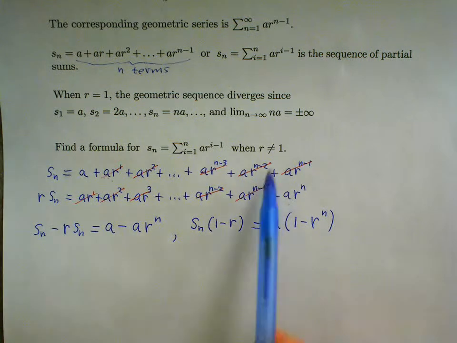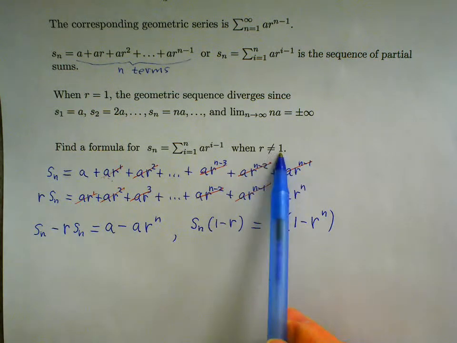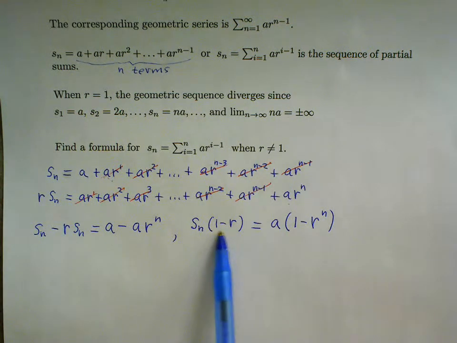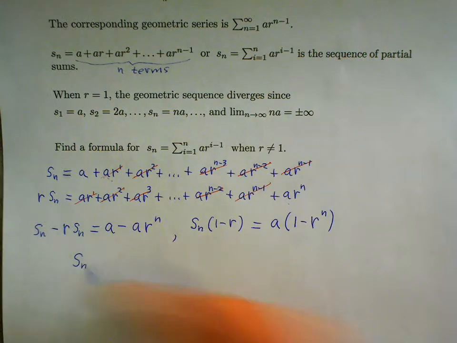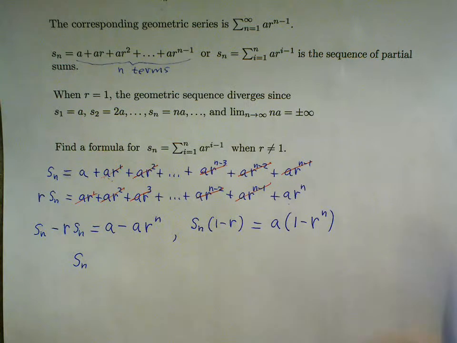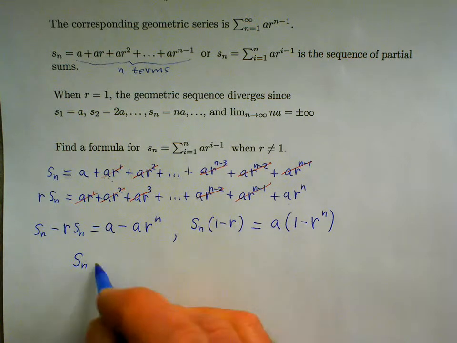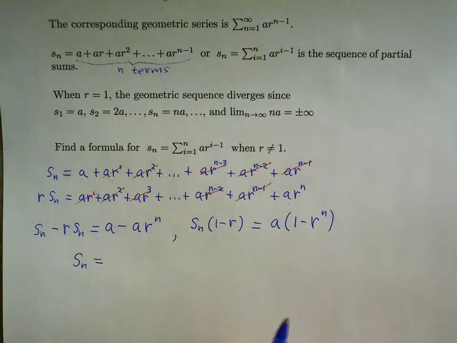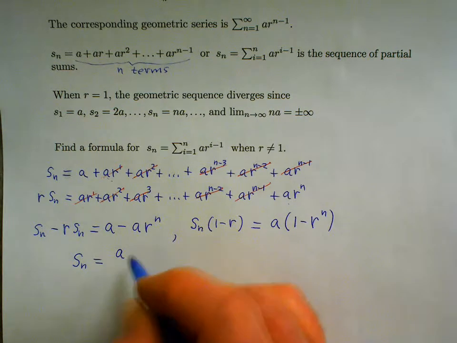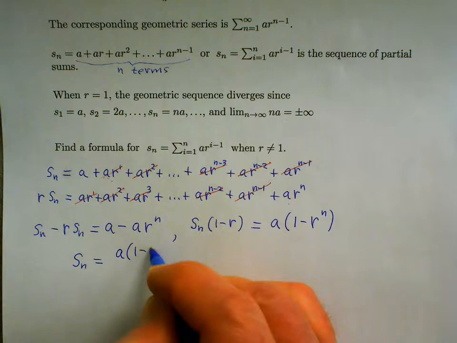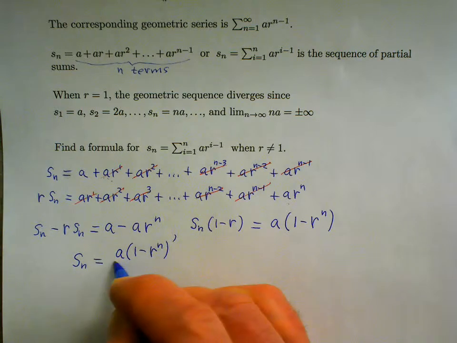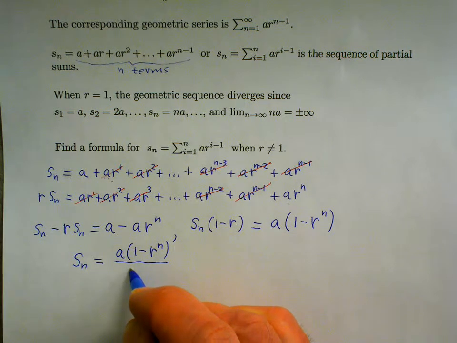And it's a good thing we said r does not equal 1, because now we're going to divide both sides by 1 minus r. We wouldn't be able to divide if r is 1, because we would be dividing by 0. But since r does not equal 1, we divide both sides by 1 minus r, and we get s sub n is equal to a times 1 minus r to the n over 1 minus r.